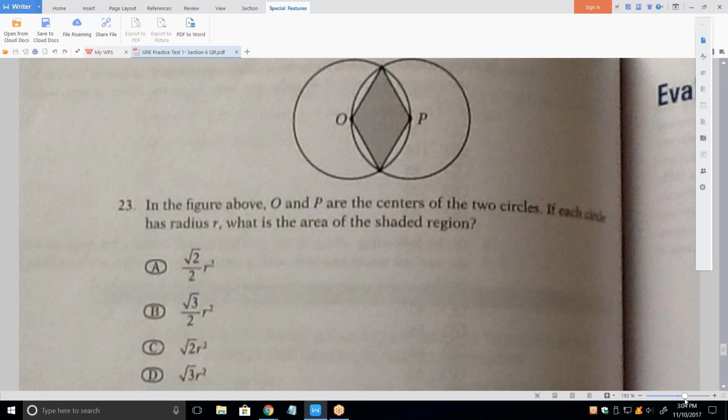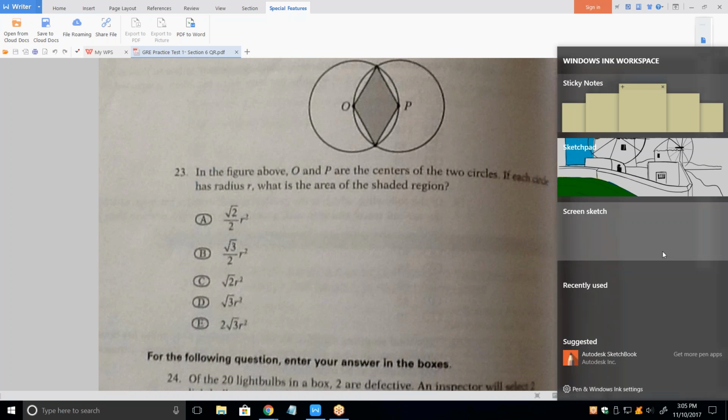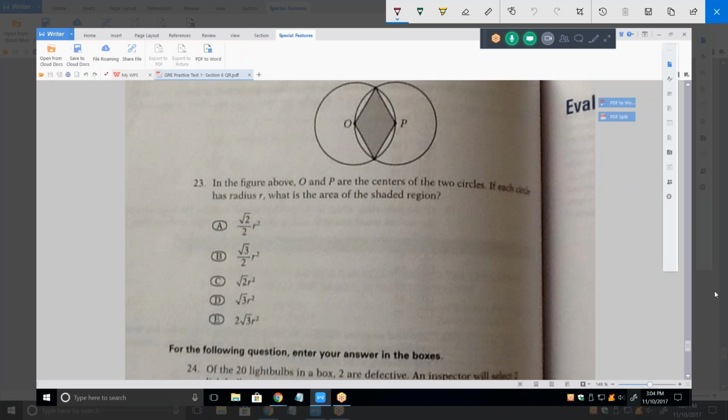This one. This is one of those geometry problems that I had to stare at a long time. Here's the reason.